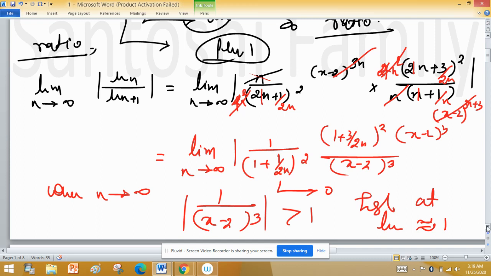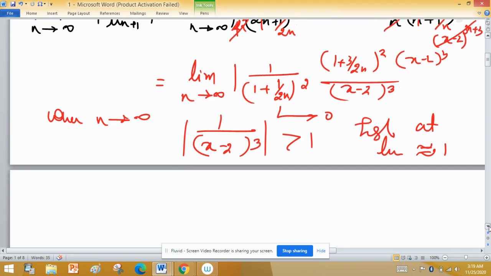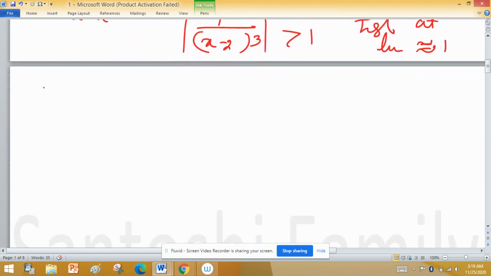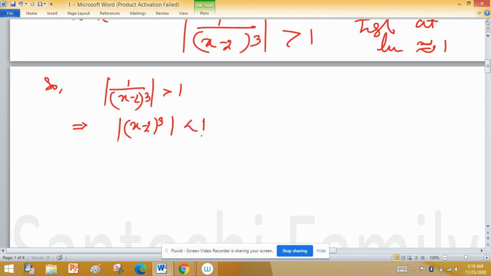So 1 upon mod of (x minus 2) raised to the power 3 is greater than 1. This implies mod of (x minus 2) cube is less than 1. Take the reciprocal here, and when we take the reciprocal, the sign of the inequality changes. If mod of x cube is less than 1, this implies mod x is less than 1.